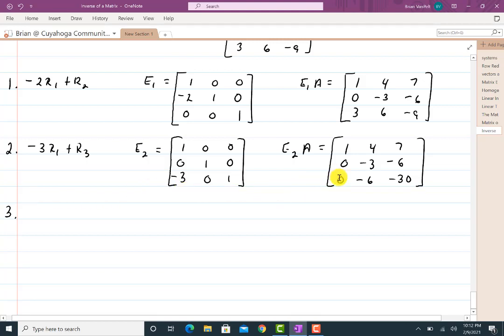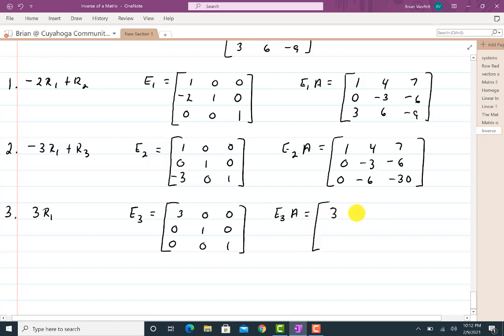And before, I didn't want to introduce fractions. Even though I don't have another side, I want to stick and do exactly the same things I did previously. So the next thing that I did was multiply the first row by 3. Of course, all that does is multiply the first row by 3 and leaves everything else the same.